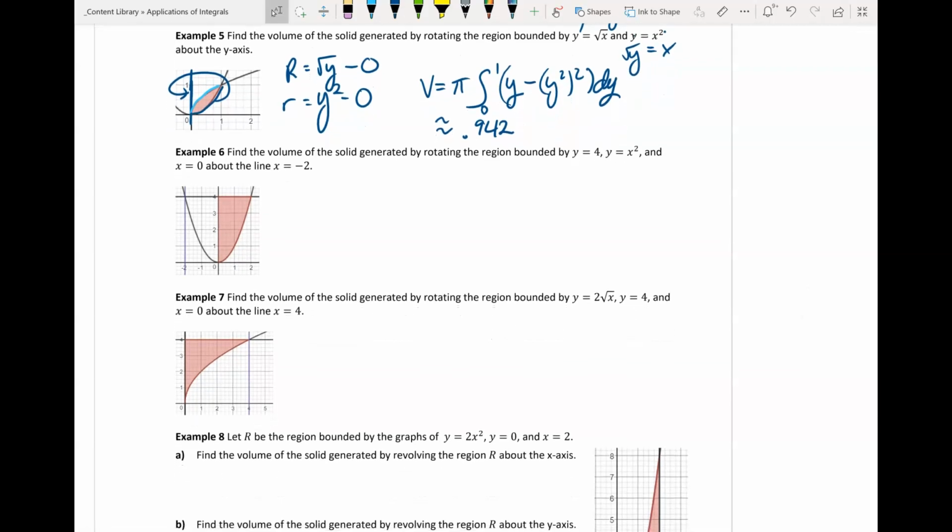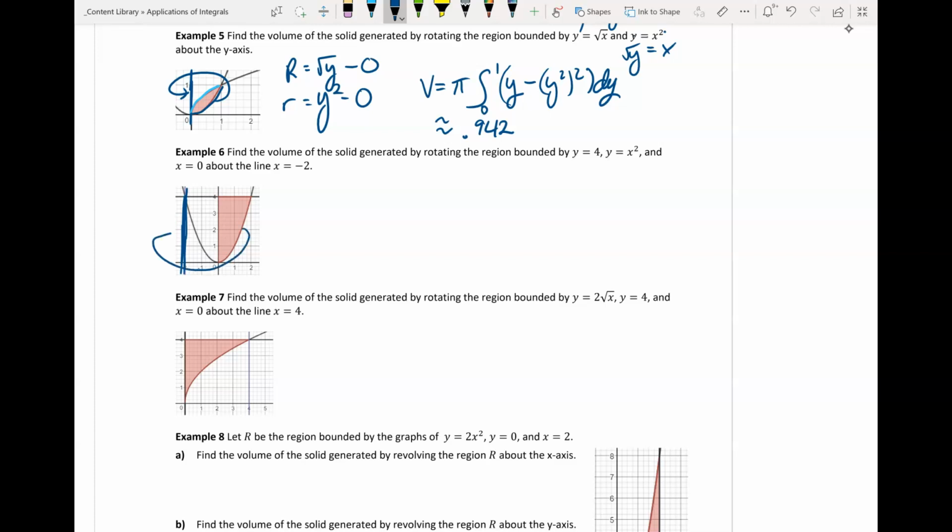Example 6. We're going to rotate around x equals -2, and that's this line over here. So it's a vertical line, which means we want to change everything so it's in terms of y.